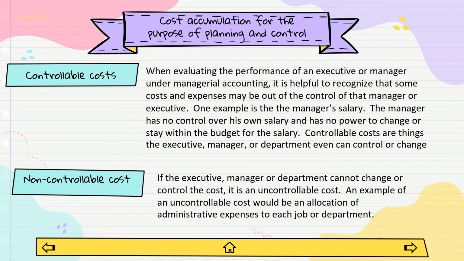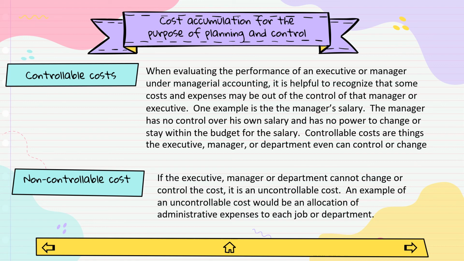When evaluating the performance of an executive or manager under managerial accounting, it is helpful to recognize that some costs and expenses may be out of the control of the manager or executive. One example is the manager's salary. The manager has no control over his own salary and has no power to change or stay within the budget for the salary. Controllable costs are things the executive, manager, or department can control or change.